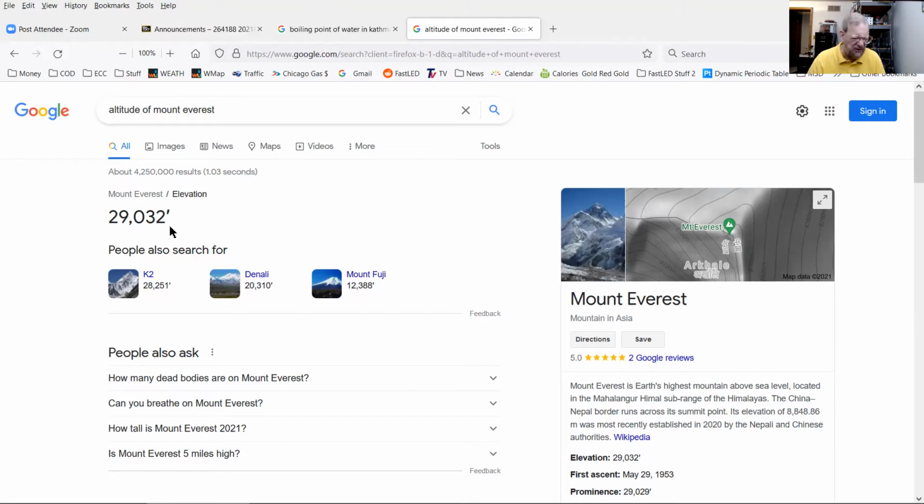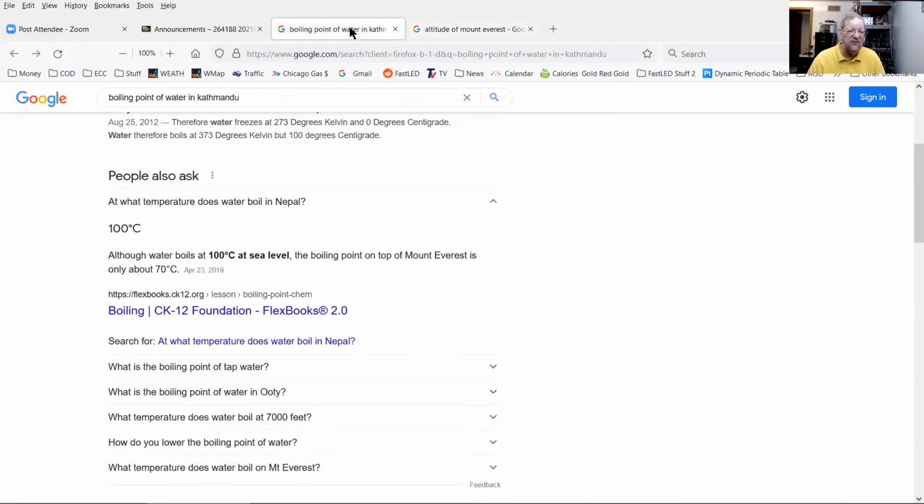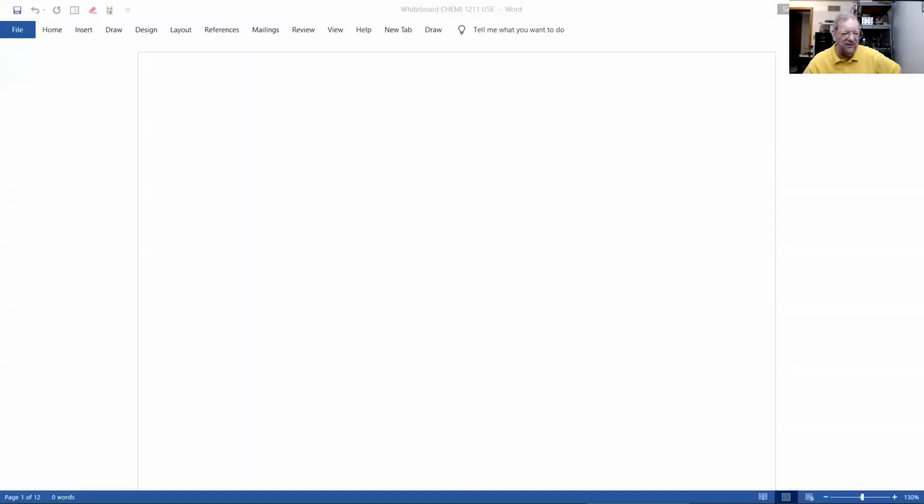Sea level would be zero. And that's why the boiling point of water at the top of Mount Everest is so low. That's pretty low. So you should know, when you go higher in altitude, the boiling point of water goes down. And what is the reason for that? The lower atmospheric pressure. And because most of you are visual, I'll explain that one day, what that means.